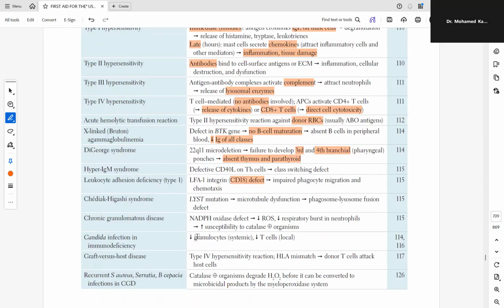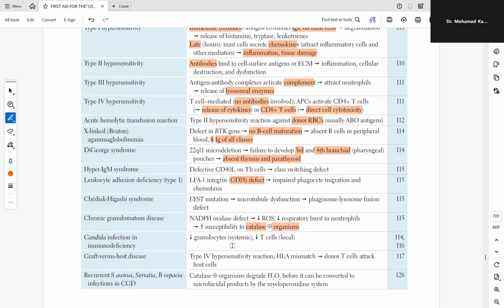Okay, maybe a gene. LYST mutation leads to microtubule dysfunction, phagosome lysosome fusion defect. Chronic granulomatous disease: NADPH oxidase defect, reduced ROS, it is reactive oxygen species, I think, reduced respiratory burst in neutrophils, increased susceptibility to catalase positive organisms.